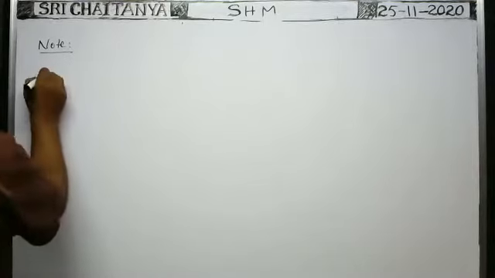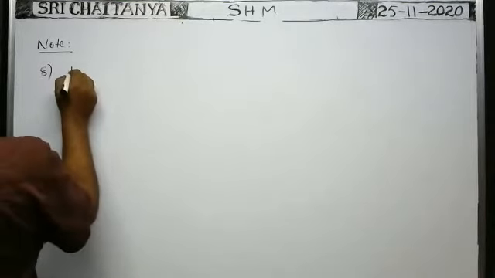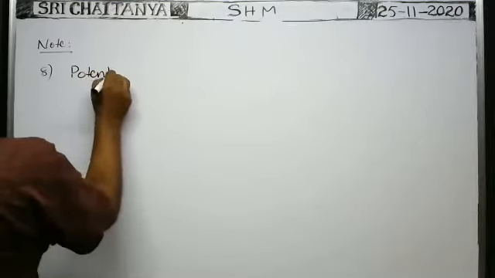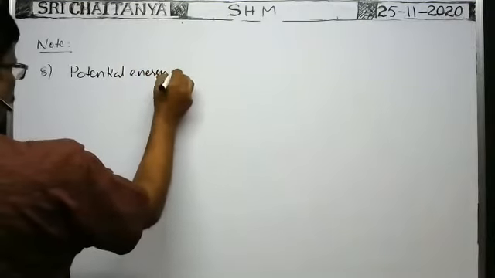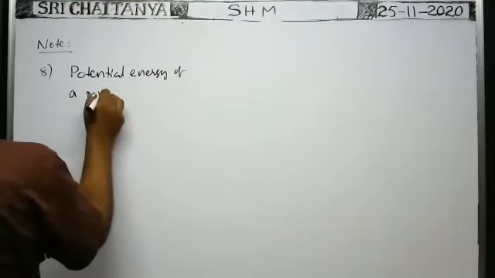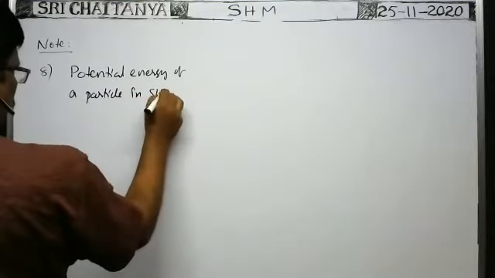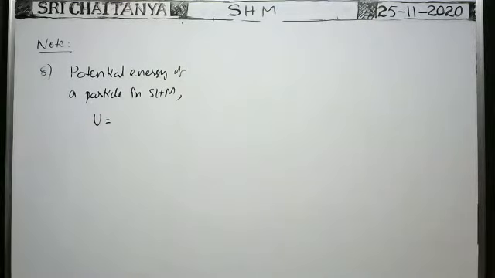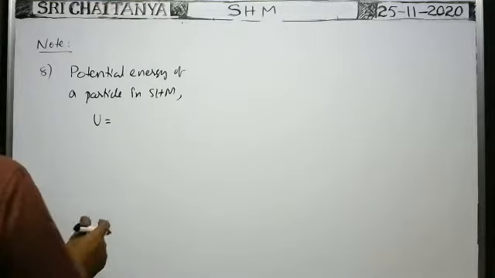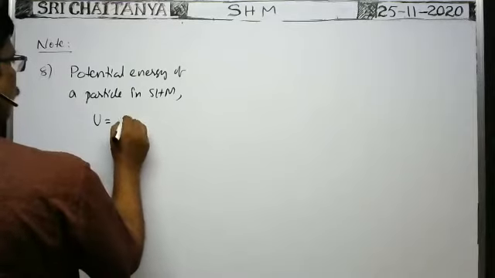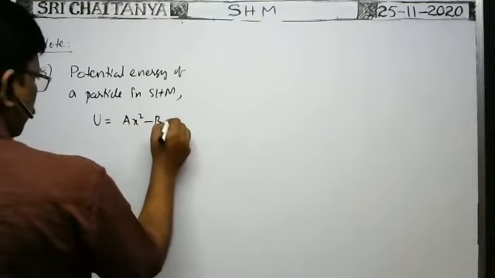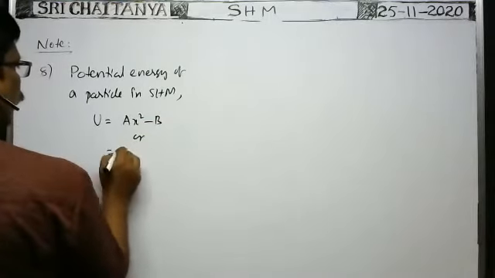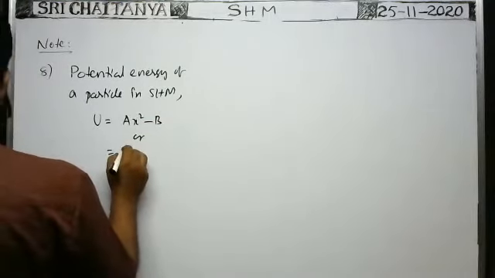Suppose you are given the next, eighth one. Potential energy of a particle in SHM can be given in the form of a x square minus b.